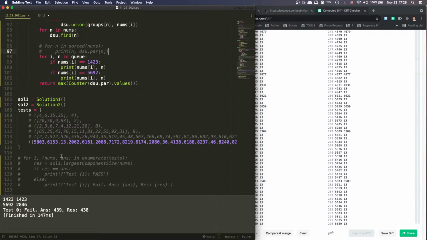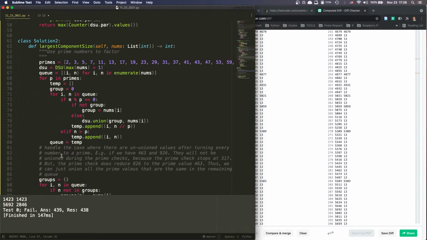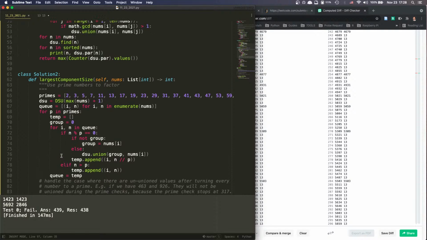Oh, we have to take away all the factors, not just one, all the factors. Ah, I see. So we're gonna here for this, interesting. Very interesting.